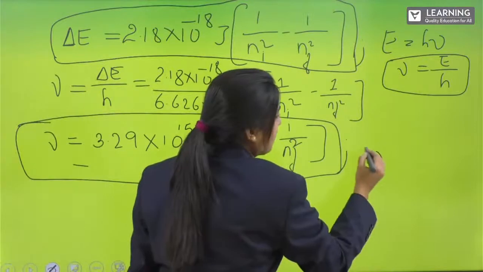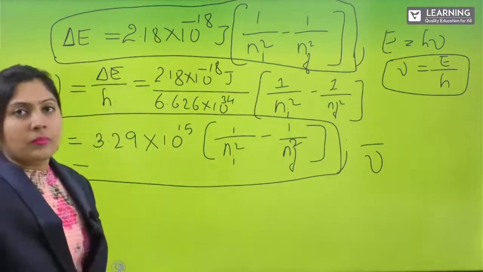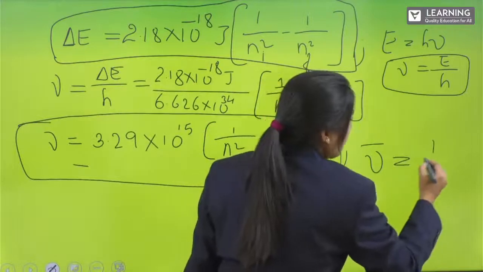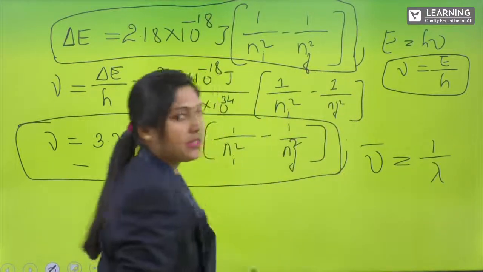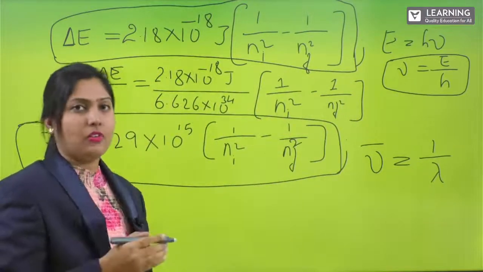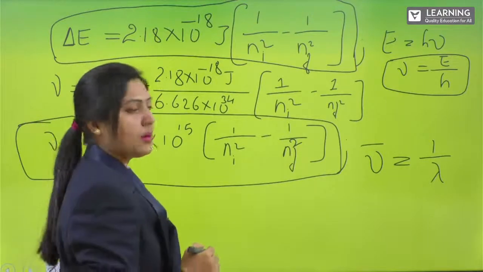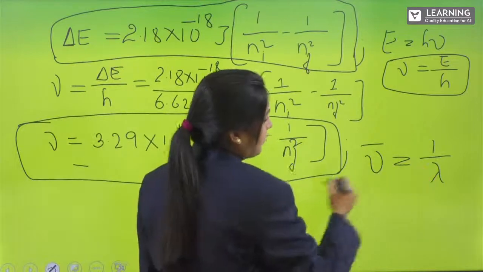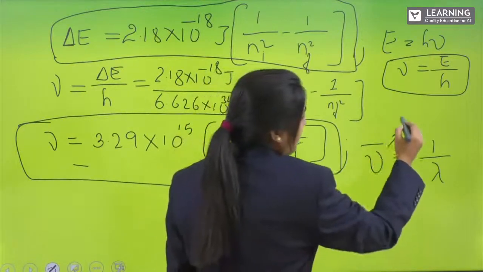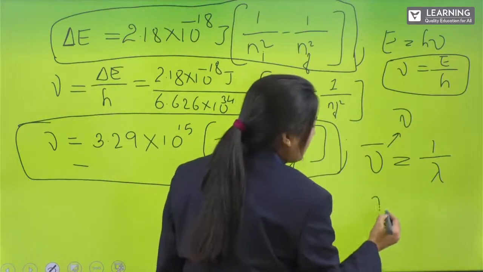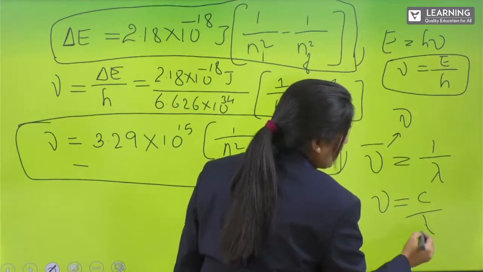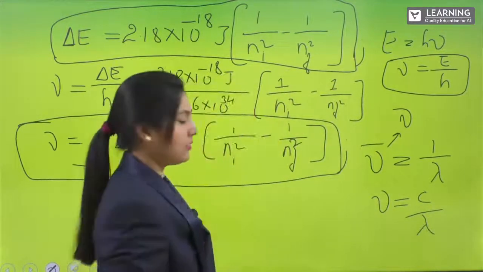What is this mu bar? As we know, mu bar is equal to 1 by lambda. Lambda is the wavelength, and the reciprocal of wavelength is called mu bar or wave number. So how is this connected with mu? We have the equation mu is equal to C by lambda. Right, students? This we have got.